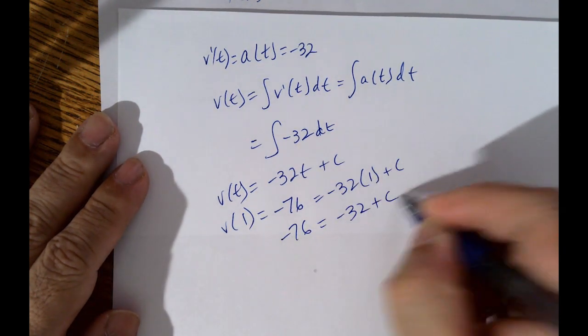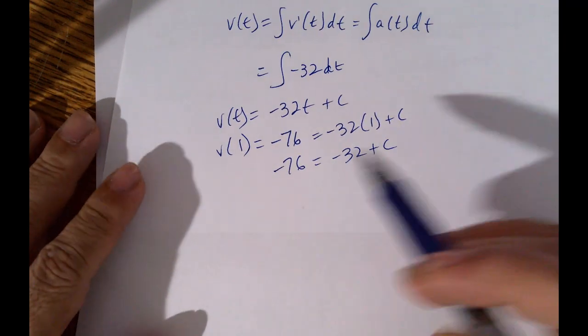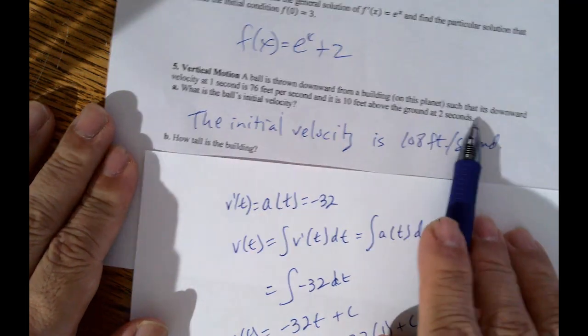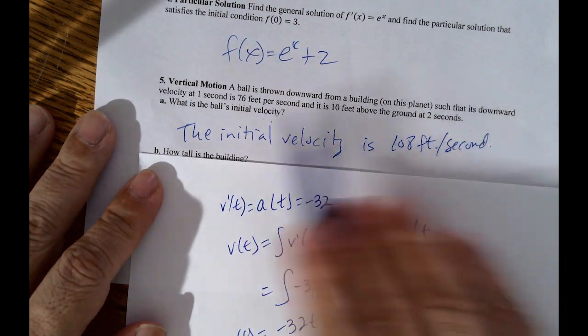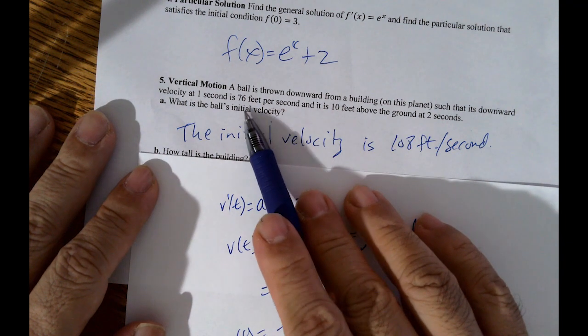In fact, the first time I did this, I made that a positive, and that's wrong. You might be asking, why is it negative? Because it's going towards the ground, it's a downward velocity at 1 second. So as it goes towards the ground, the distance to the ground is decreasing. So that's a negative 76 feet per second.